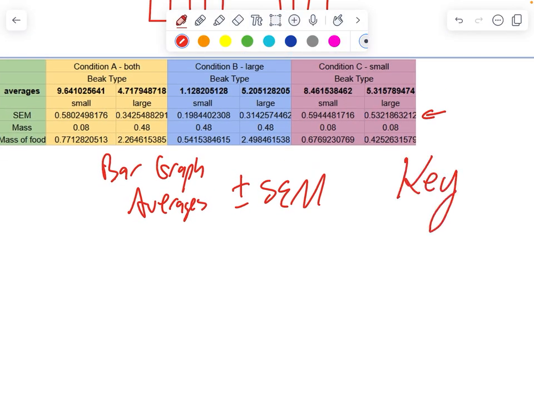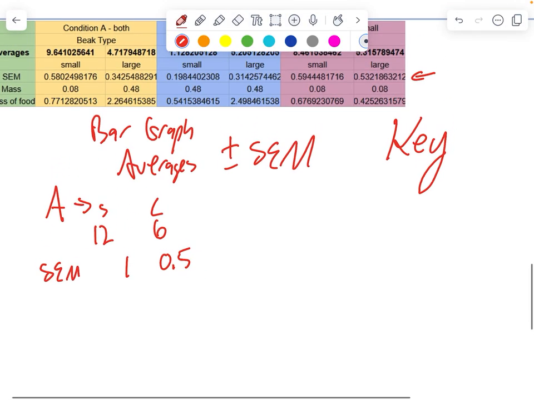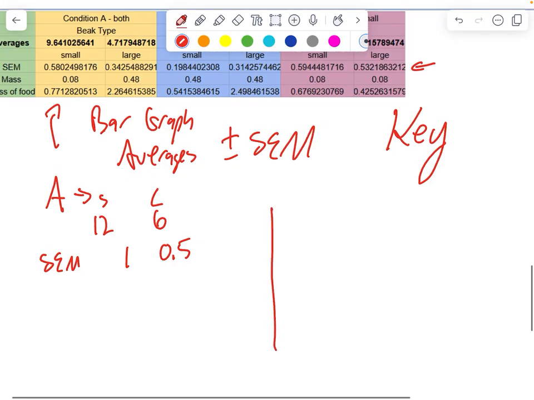Let's say for condition A the average was 12 for small and 6 for large, and then the SEM was 1 for that and 0.5 for that. I'm changing up the numbers because I didn't want to give you an exact answer here.